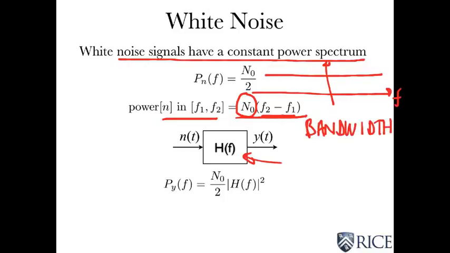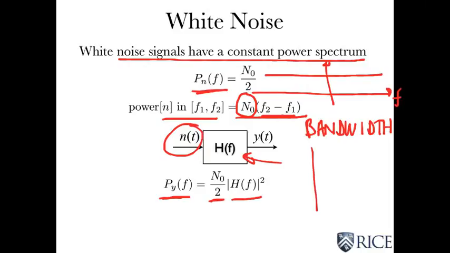So, again, using our result that we showed in the previous slide, the power spectrum of the output of a linear filter, when white noise serves as the input, is N naught over 2, the power spectrum of the input, times the magnitude of H of f squared.